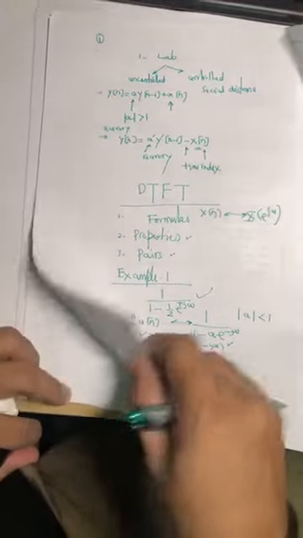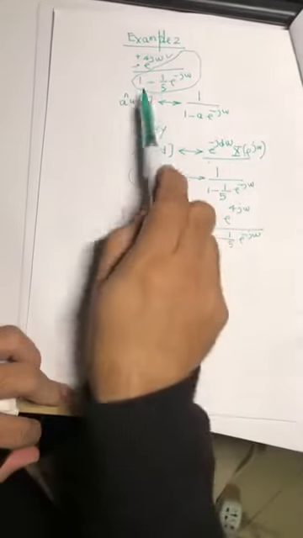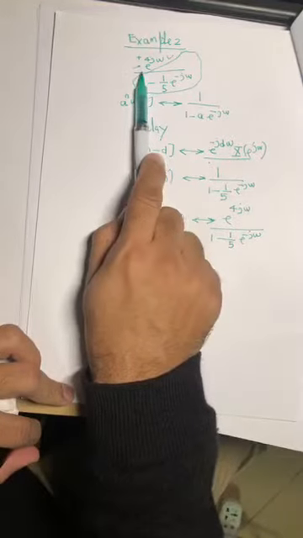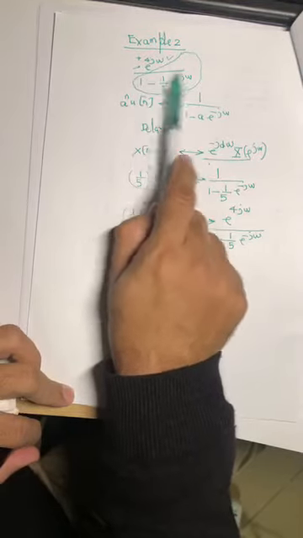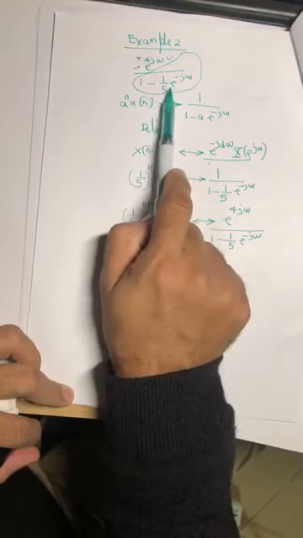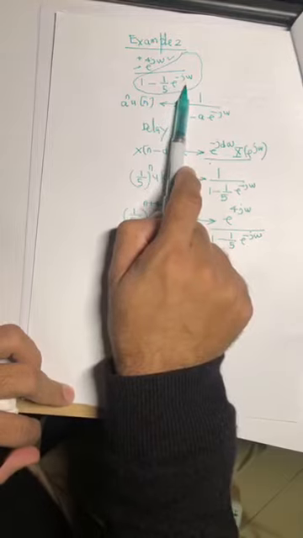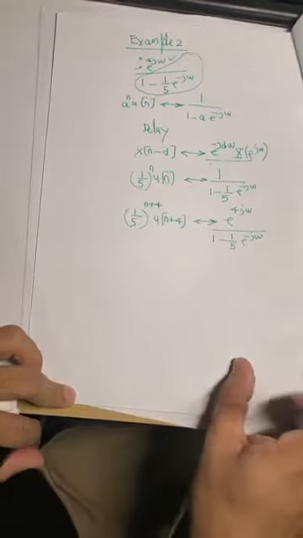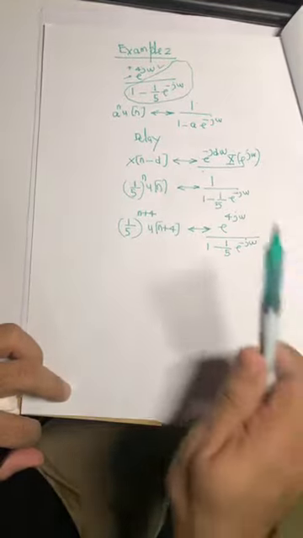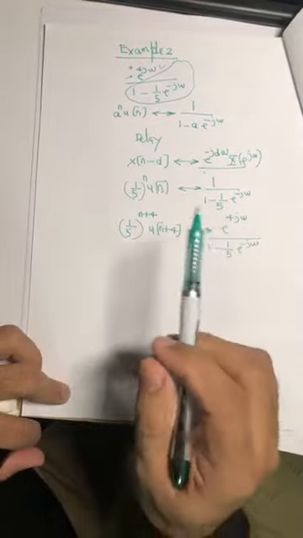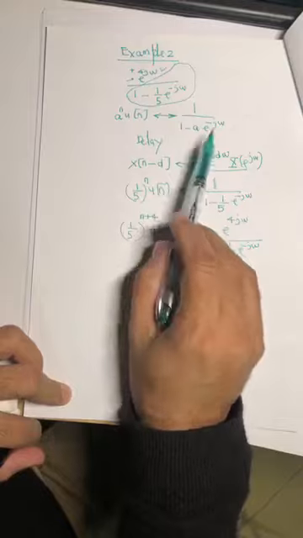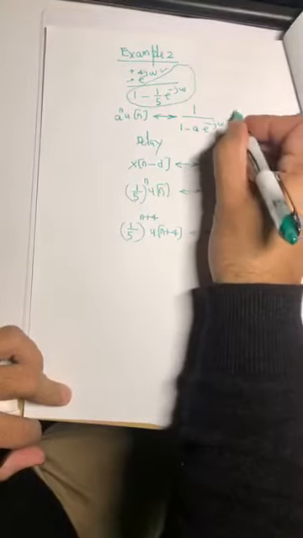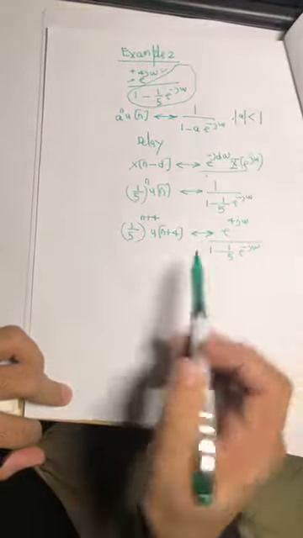Then I gave you another example where we have exponential 4j omega divided by 1 minus 1 over 5 exponential minus j omega. Again, there has to be a pair and a property that should come to our mind, and the pair is the same: a^n u[n] is 1 over 1 minus a exponential minus j omega, and we must always say the magnitude of a is less than 1.